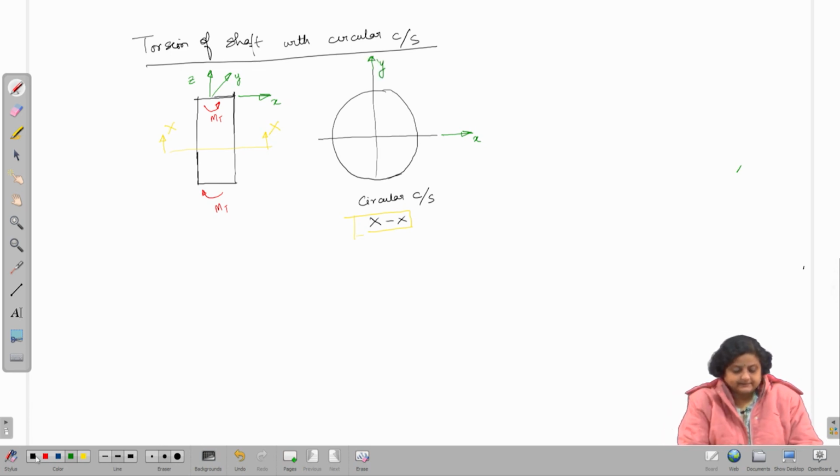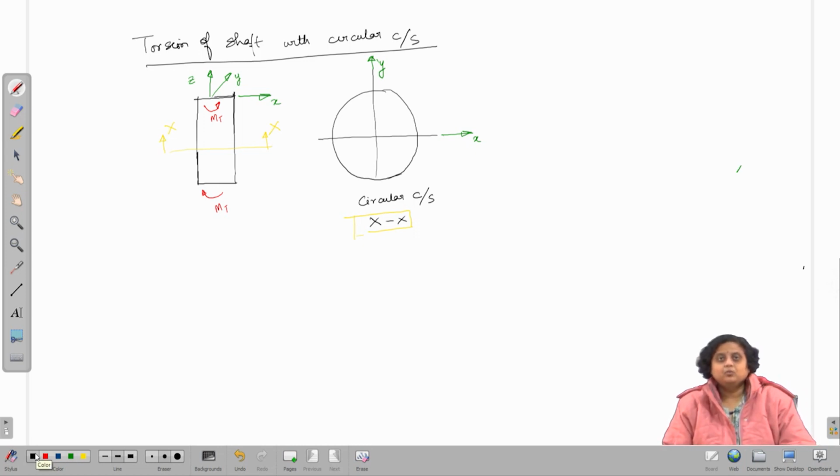Okay, so let us get back to the problem. We have a cylindrical shaft, the cross section as I have drawn is circular. So, it is a uniform circular cross section shaft, the coordinate axes x, y, z are shown, and a torsional moment Mt is acted on the shaft.